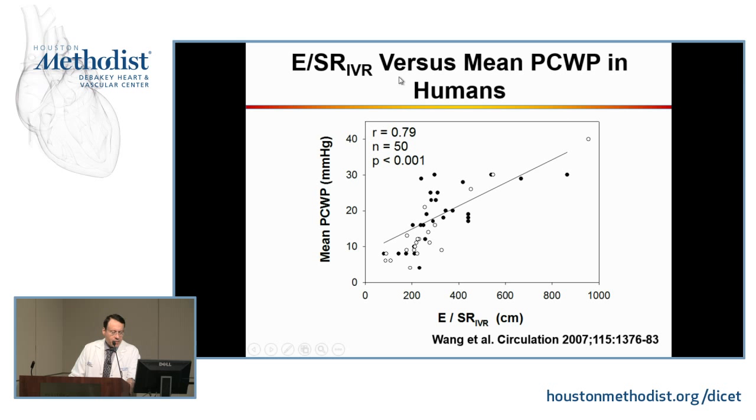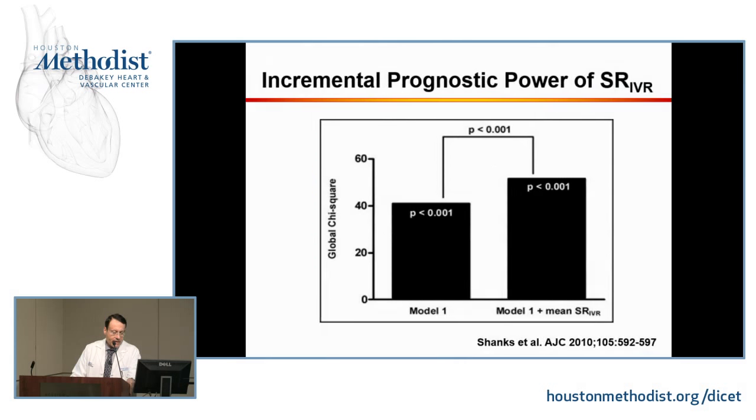Similar to the E to E prime ratio, you can do E to SR IVR ratio, significant relation. Open and closed circles are patients with normal and depressed EF. And more importantly, this is from a group in the Netherlands looking at the utility of that early diastolic strain rate signal during isovolumic relaxation period, not early diastole, in predicting outcomes in a group of patients presenting with their first STEMI.